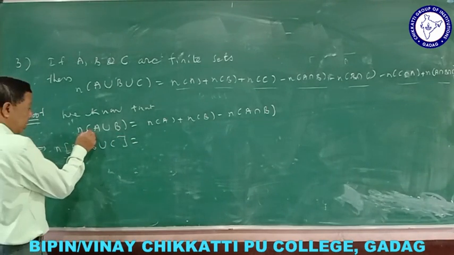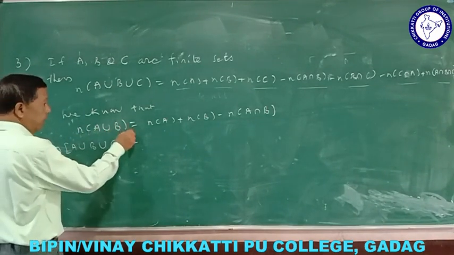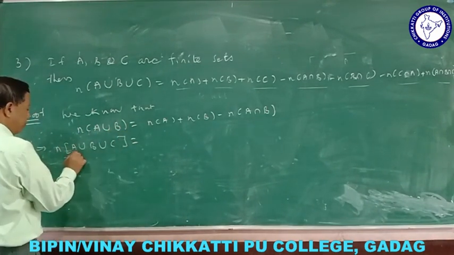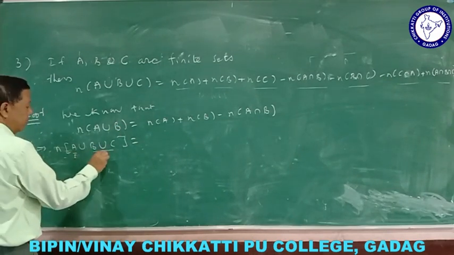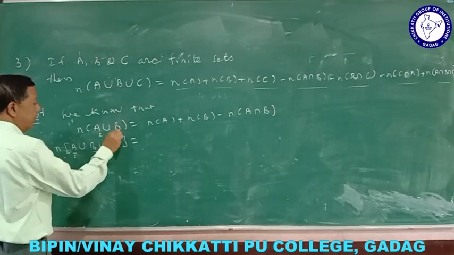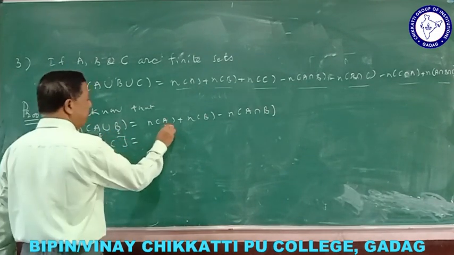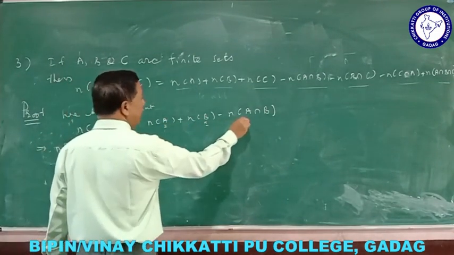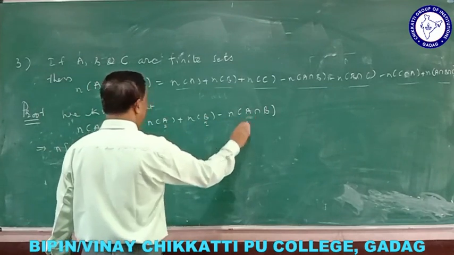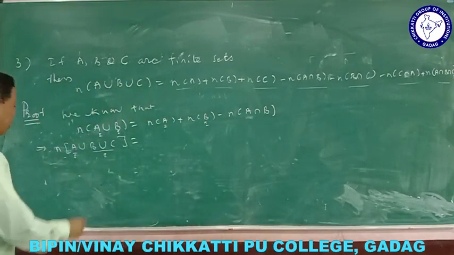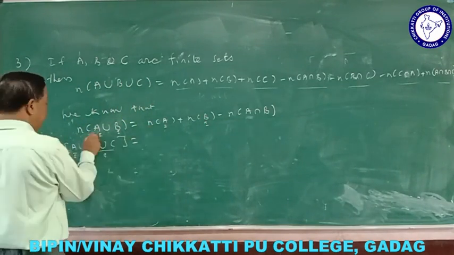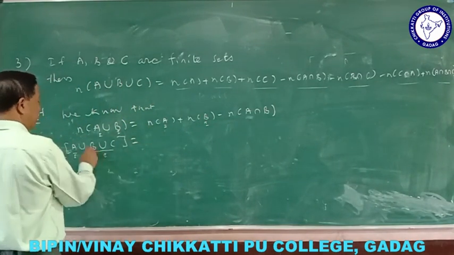Look at this: n of first, n of second, n of intersection. This is the first I want to take, this is the second I want to take. This is the first and this is the second. N of first plus n of second minus n of, see here, n of A intersection C. Look here, this first one is what?